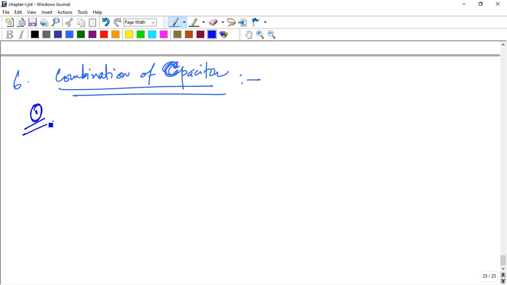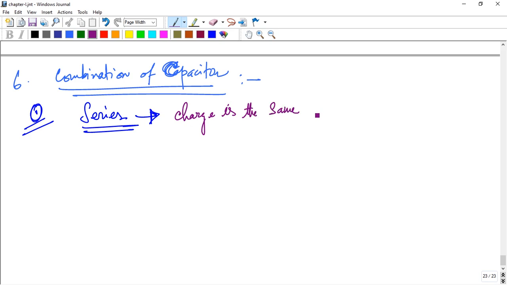The first combination is the series combination. The key point is that the charge is the same on all capacitors. Q is the same for all capacitors.